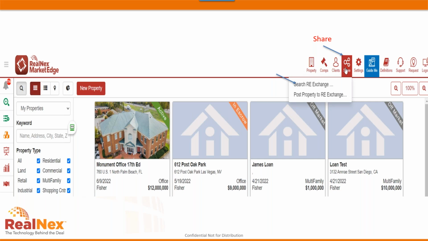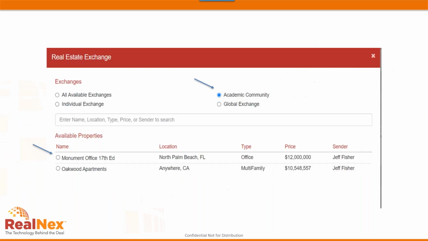And you see at the top there, where we have searched the real estate exchange, that's where you can go in and actually find this property. So you just click on that share area to go into the real estate exchange, and you'll see in there an education community area that'll have this property and a couple other examples listed. So it's the academic community. Okay, so you just click on that academic community and then click on the Monument Office example.